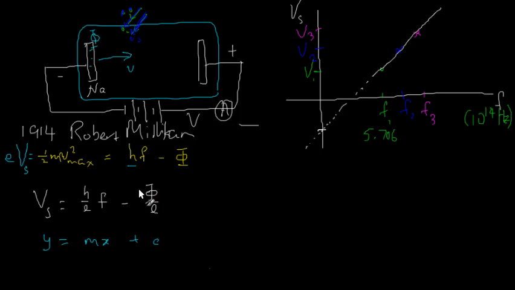If you look at this value here, minus phi over e is the y-intercept. So phi is the work function.